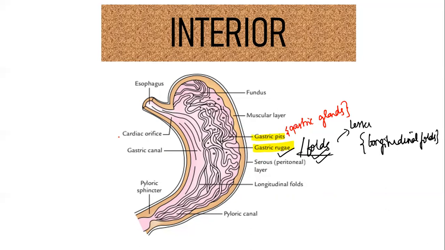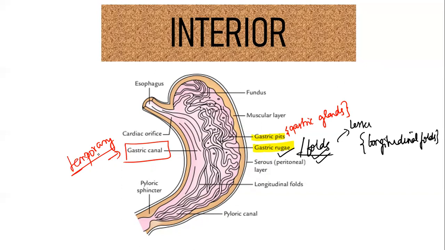Another important structure that you must know is the gastric canal. This is not a permanent structure, but a temporary structure. Temporary means it is going to form under a condition. So when that condition exists, then the structure is going to be formed. What is that condition? It is when a person is consuming his food, when he is swallowing.